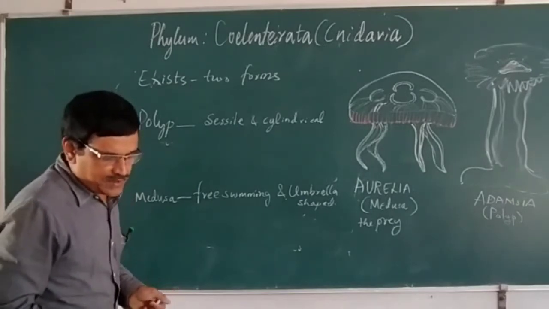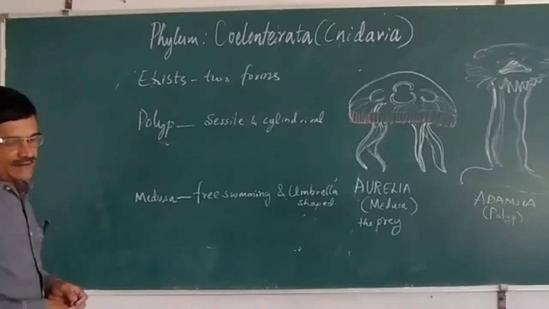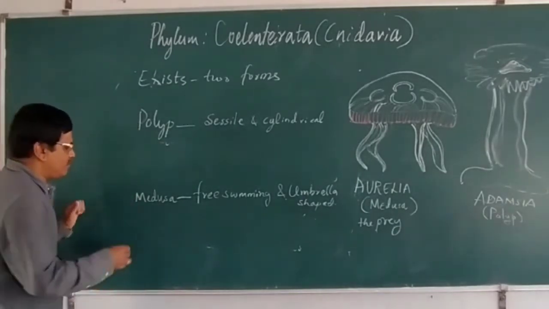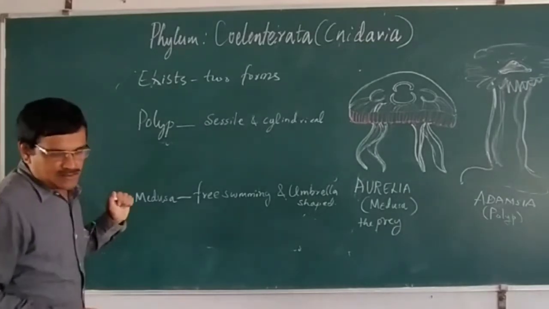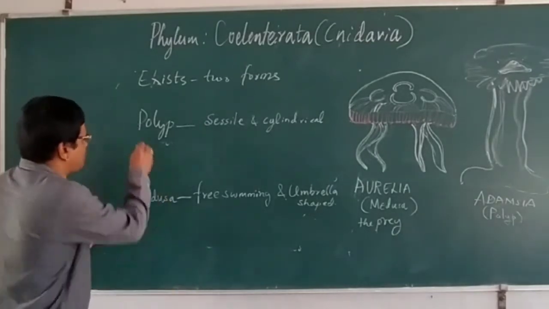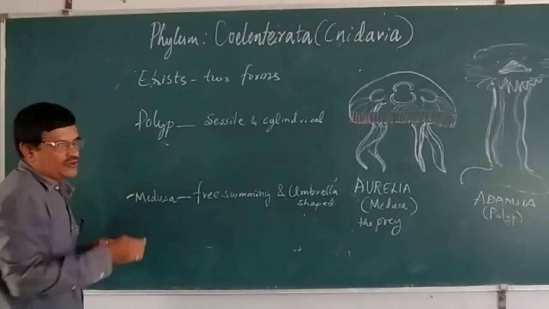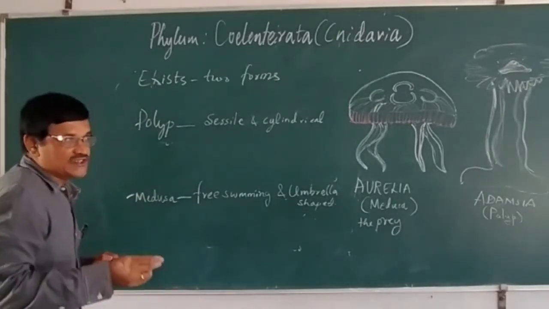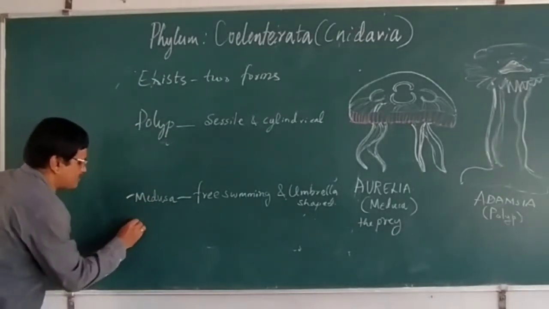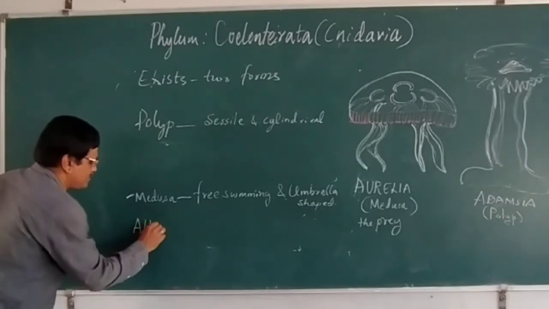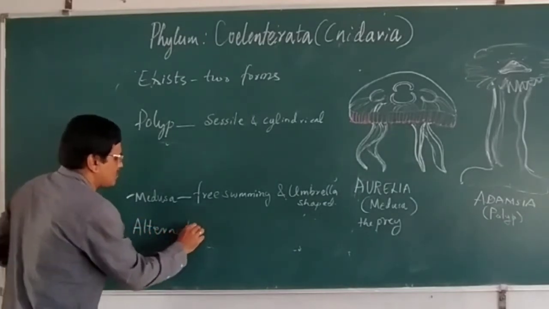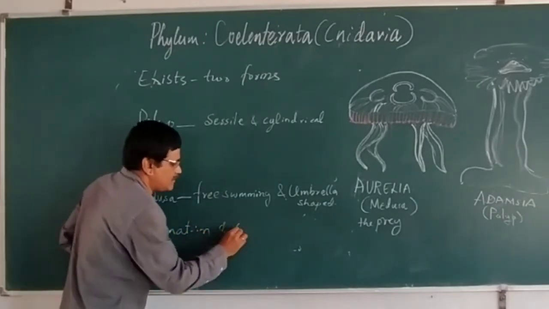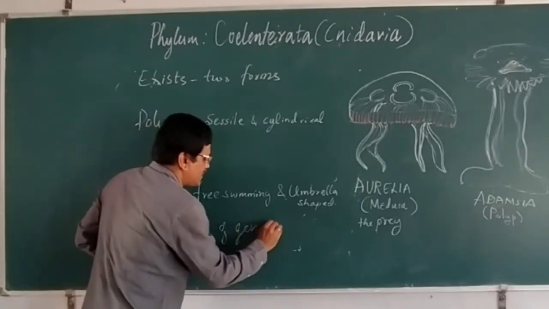Okay. Then the cnidarian, which exists in both forms, that is polyp and medusoid, exhibits alternation of generation.